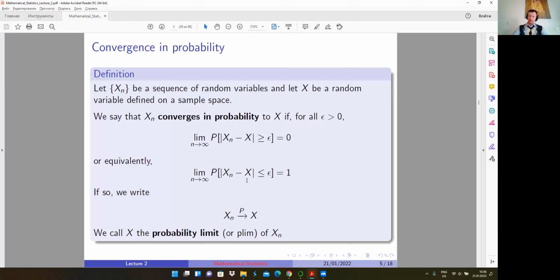What is the probability that this sample average will deviate from the true population mean by some amount, let's say by 1, or by 2, or by 3? If the probability that the deviation is going to be greater than this value is 0, then I say that this sample mean with a size of 1000 converges to the true population mean.